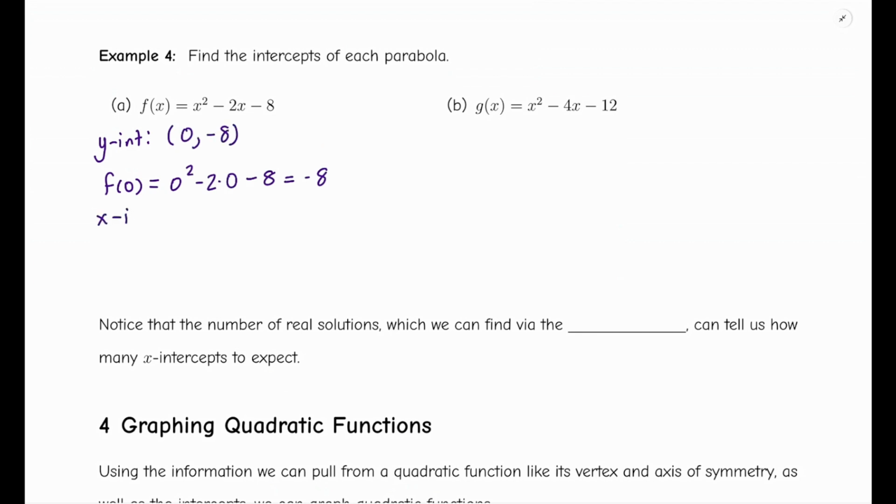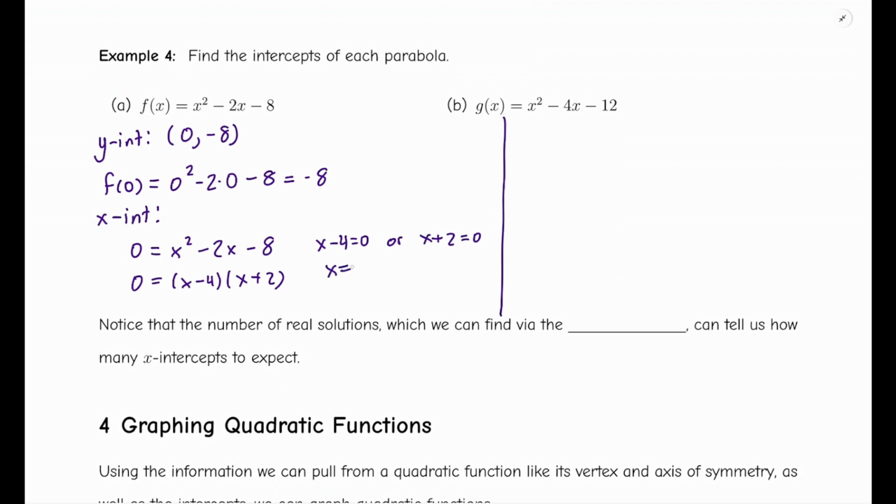Now for the x-intercept, we have to set y equal to 0. And remember, with a function, f of x represents y. So we get 0 equals x squared minus 2x minus 8, which means 0 equals (x minus 4)(x plus 2), so x minus 4 equals 0, or x plus 2 equals 0.